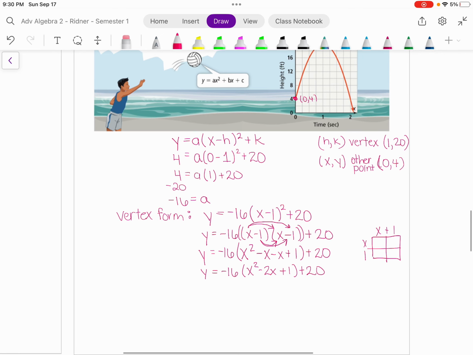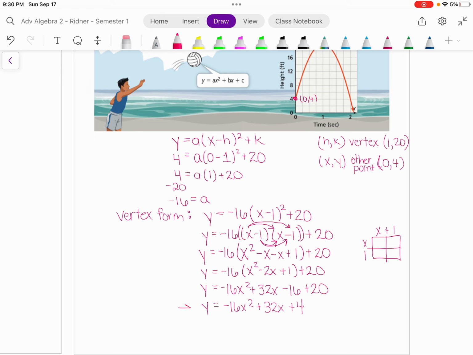Okay. Then I'm going to distribute again. So negative 16x squared plus 32x minus 16 plus 20. And last but not least, negative 16 plus 20 is just 4.